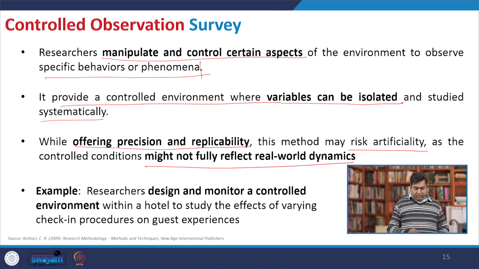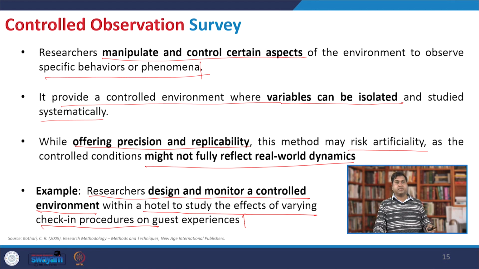For example, let us try to understand it from an example. Researchers design and monitor a controlled environment within a hotel to study the effects of varying check-in procedures on the guest experience. So in such cases it may not be a real behavior. Many times you set up this kind of controlled environment and test their behavior.